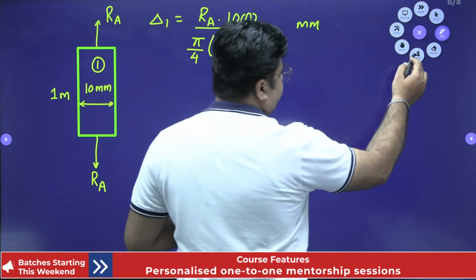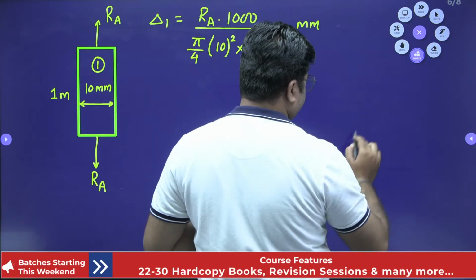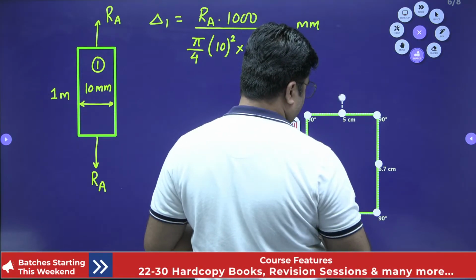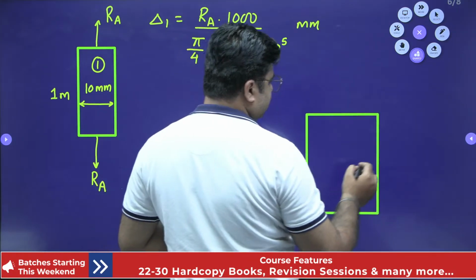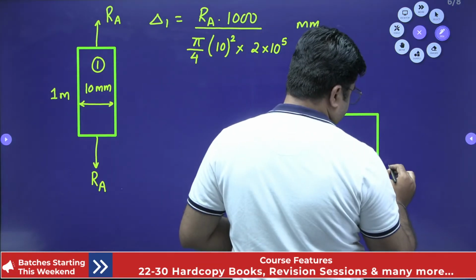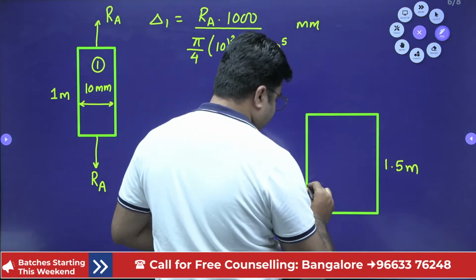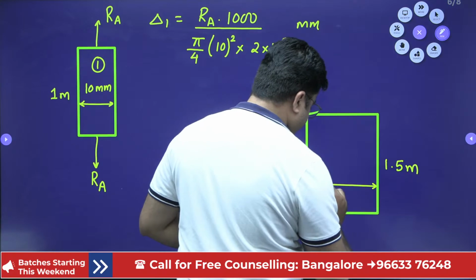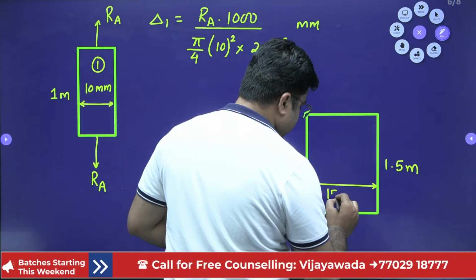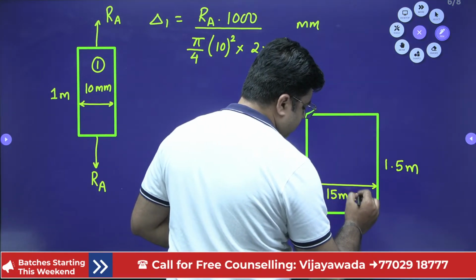Now drawing the FBD for the second member, the lower member. For this lower member, the length is 1.5 meter and the diameter is 15 mm, right?